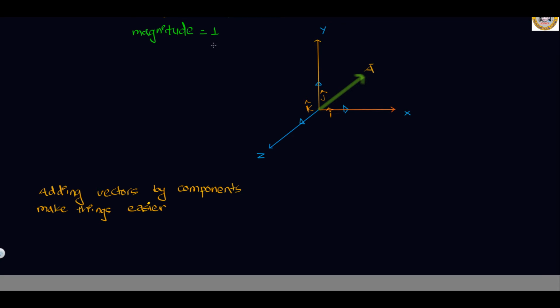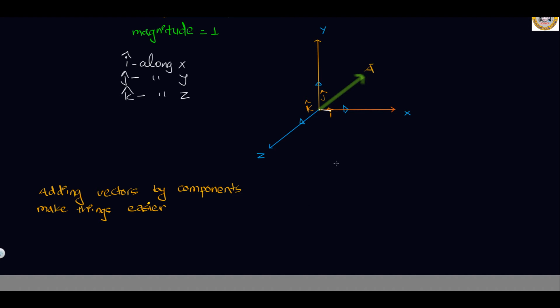If we want to talk about three-dimensional vector analysis, we have i, j and k as unit vectors along the x-axis, y-axis and z-axis respectively. i cap is referred to as the unit vector along the x-axis, j cap is the unit vector along the y-axis, and k cap will represent a vector along the z-axis, which is of unit magnitude.